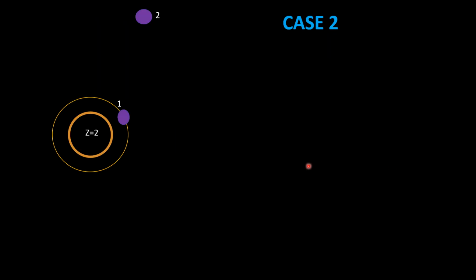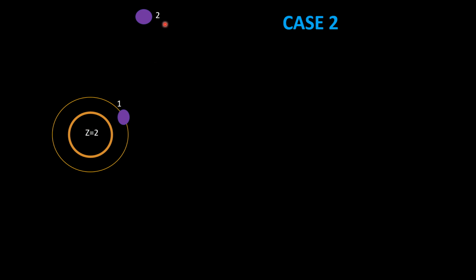Okay, now we go to another extreme case, case 2. Here we consider electron 2 far away from the nucleus and electron 1 close to the nucleus. Again our center of interest is electron 2, which is now far away from the nucleus.